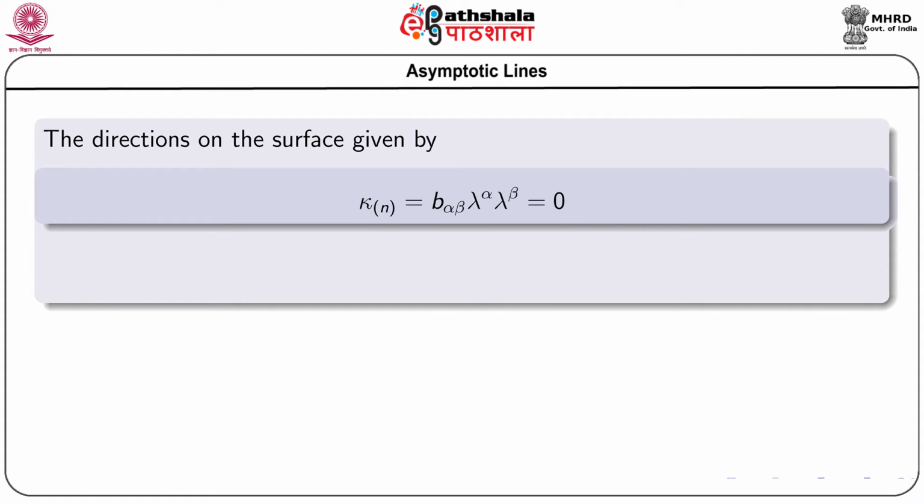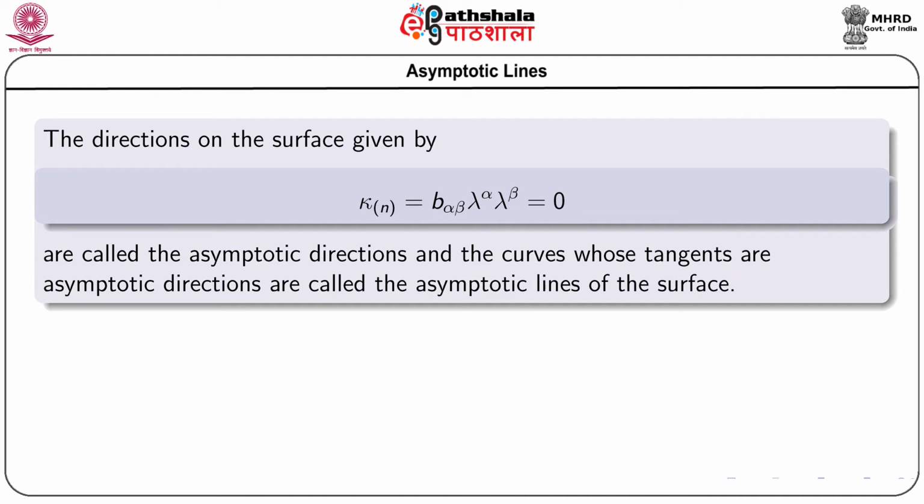Just as I have mentioned, if the normal curvature on a surface vanishes, then the directions are called asymptotic directions. So, kappa n equals to 0 gives us the asymptotic directions, and the curves whose tangents are asymptotic directions are called the asymptotic lines of the surface.